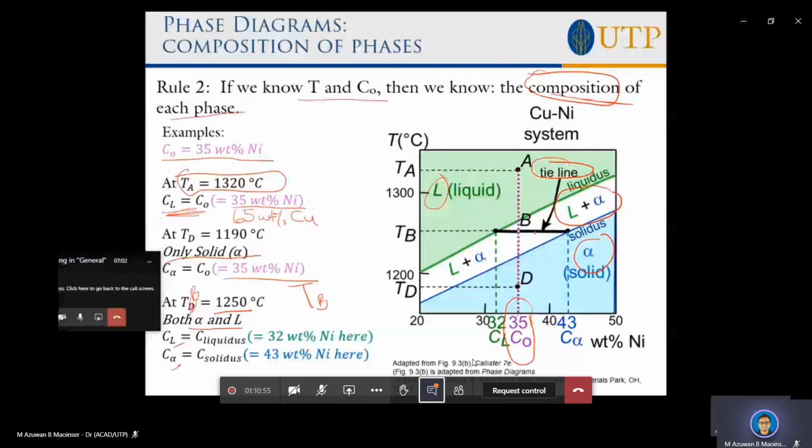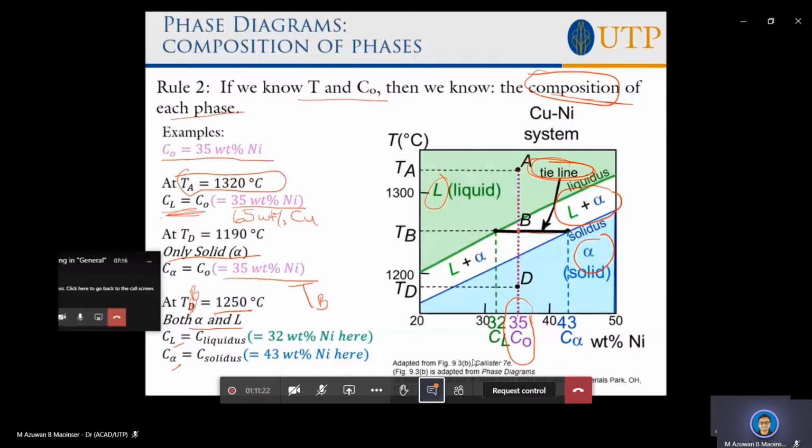Listen, if you are in a region of two phases, you need to draw a tie line, just a straight line that extends from the point to the right until you reach a boundary, and then to the left until you reach the boundary with the next region. Okay, so this is what we call a tie line.